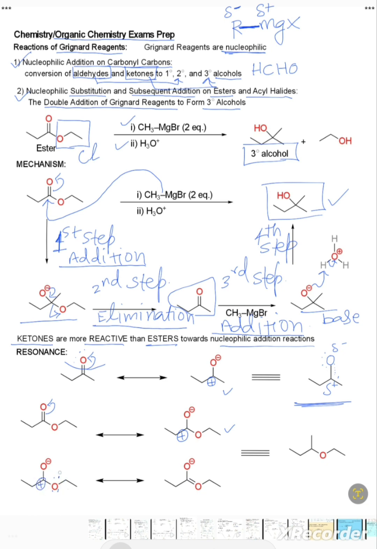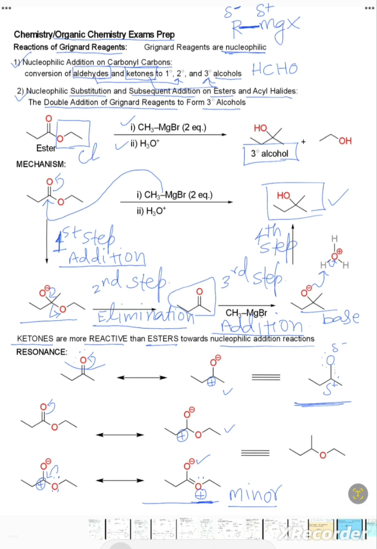The lone pairs on the oxygen would make a pi bond here between the carbon and oxygen, and hence this oxygen gets a positive charge. Although this is not very stable, and is a minor resonance structure, because the oxygen is very electronegative and doesn't like to have a positive charge. Oxygen, on the other hand, likes to have a negative charge.